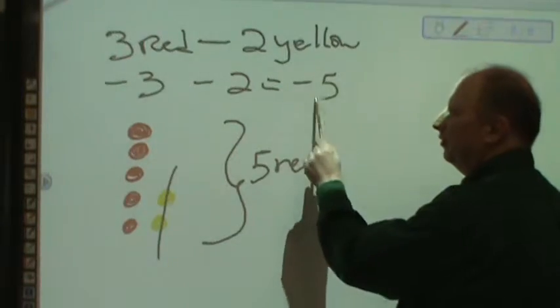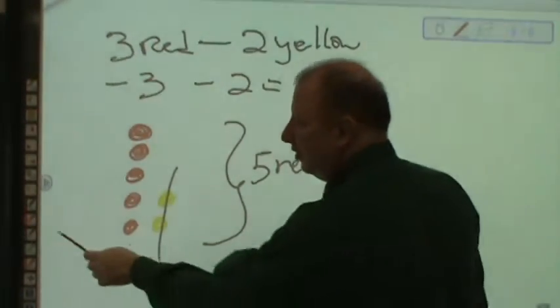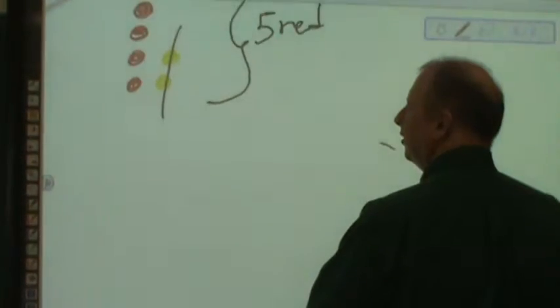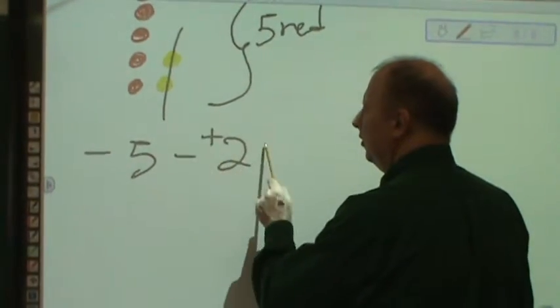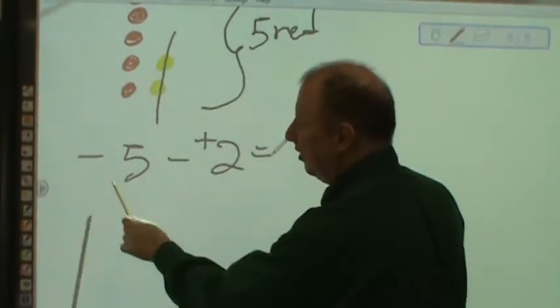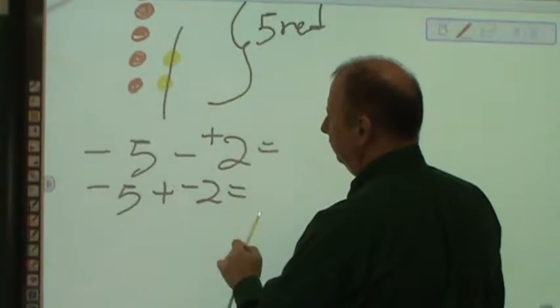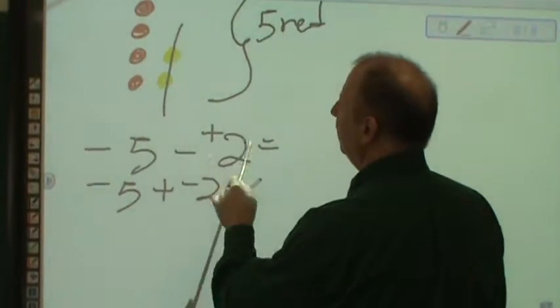Negative 5. Now let me go through what your teacher taught you. Well, the teacher that you probably have is saying negative 3 minus positive 2 equals, oh, class, let me take a negative 3 plus a negative 2. I started off with 3, didn't I?